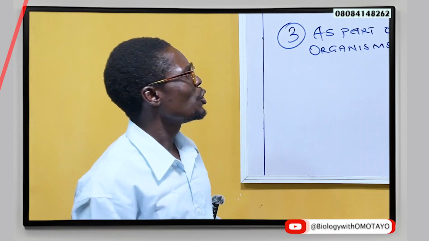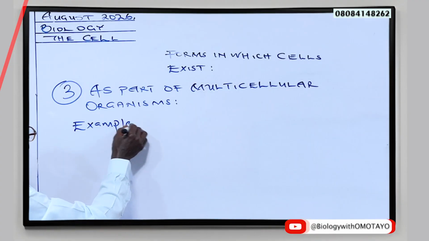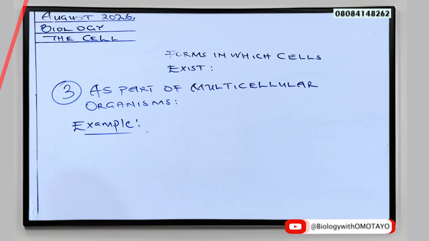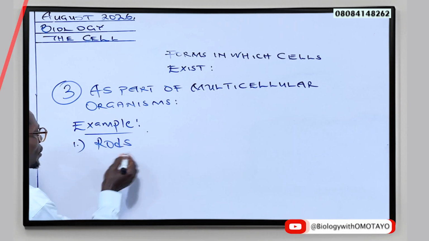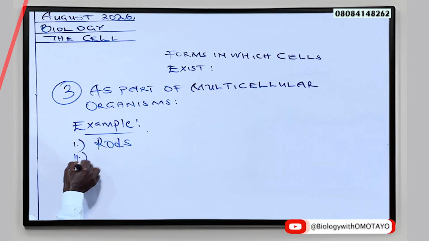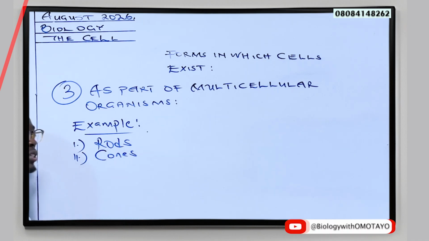So just a few examples of cells functioning as parts of a multicellular organism, like taking man, for example. Earlier I mentioned rods, cells of the eye, responsible for black and white vision. Cones, cells of the eye still responsible for colored vision.